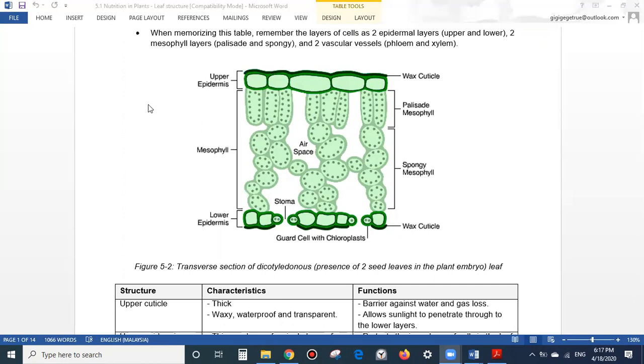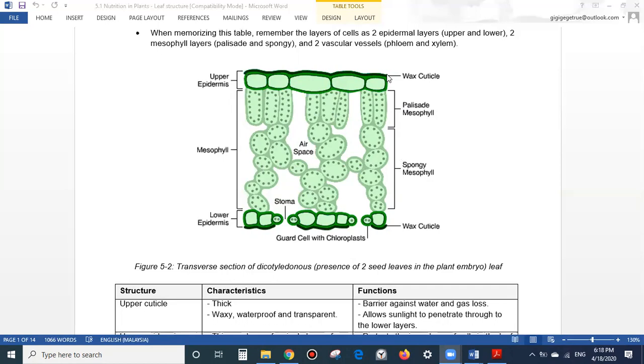That means the first layer and the last layer are the same, correct? So this one is similar. Here you can see that the first layer is a cuticle, the last layer is also a cuticle. The second layer is the upper epidermis, and the second last is the lower epidermis. Okay? And then followed by the palisade mesophyll layer and the spongy layer.